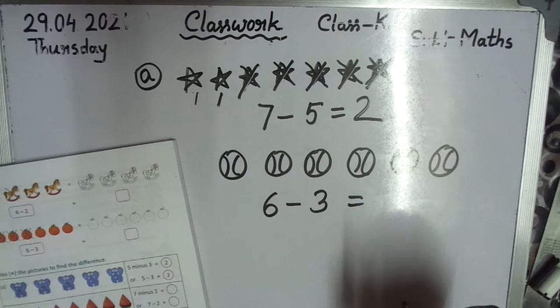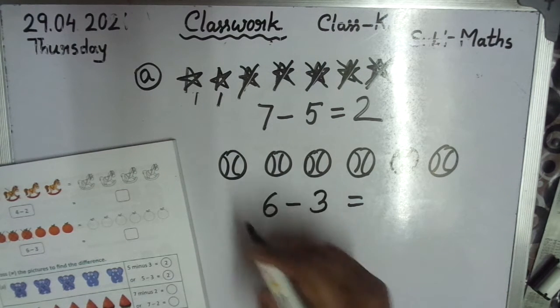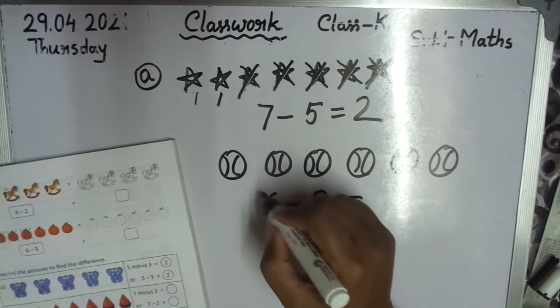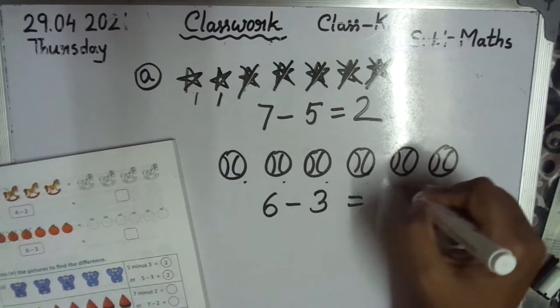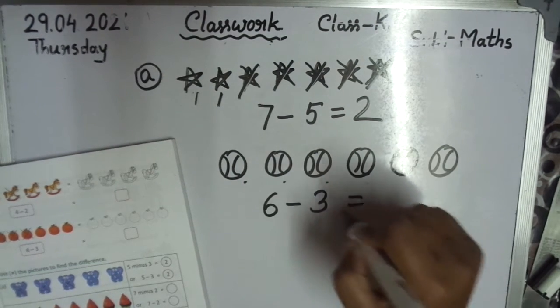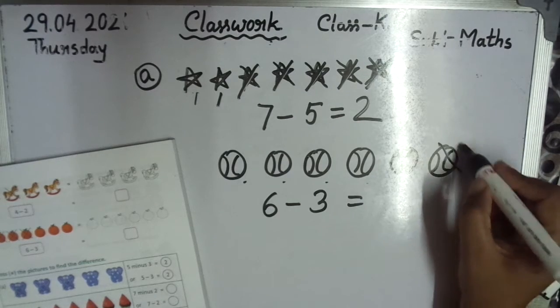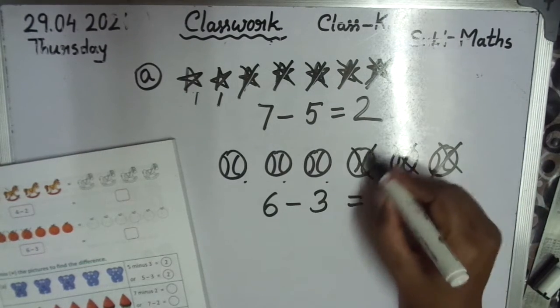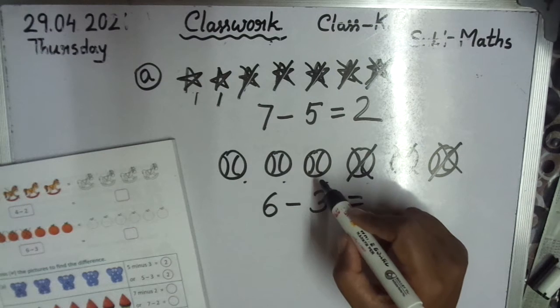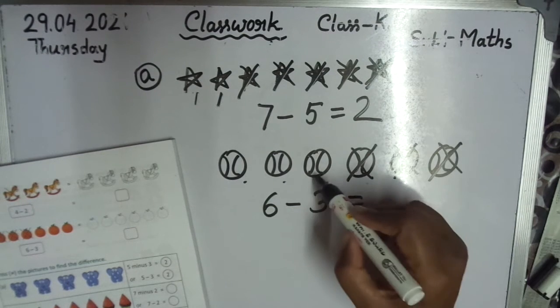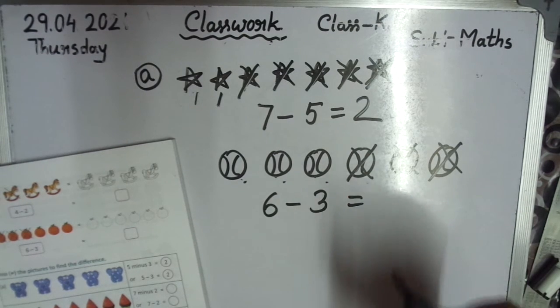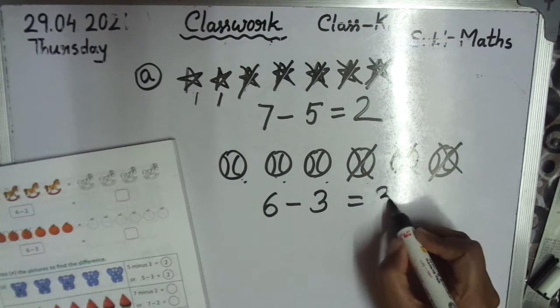Okay, do it on your own. Practice. So 6: 1, 2, 3, 4, 5, 6. 3 take away: 1, 2, 3. So how many balls are left? 1, 2, 3. So the answer is 3.